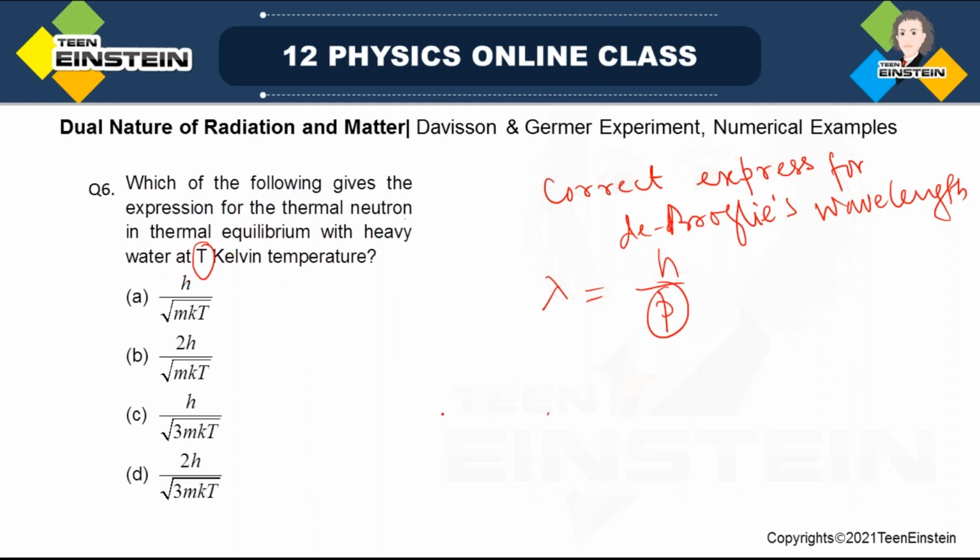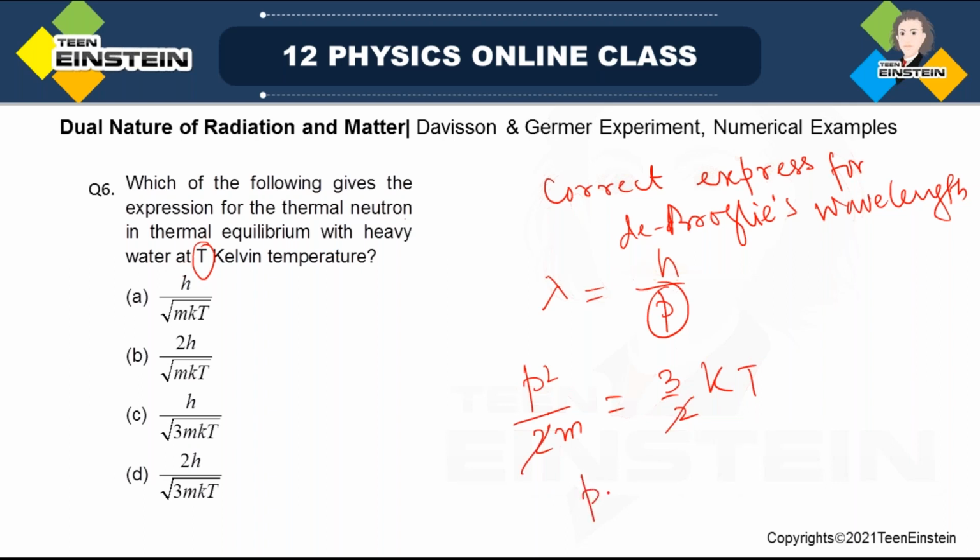When a thermal neutron is in equilibrium at this Kelvin temperature, we can say that its kinetic energy can be written as p squared by 2m, which is equal to 3 by 2 kT, where k is the Boltzmann constant. This is the thermal energy which is providing the kinetic energy to this neutron at temperature T Kelvin.